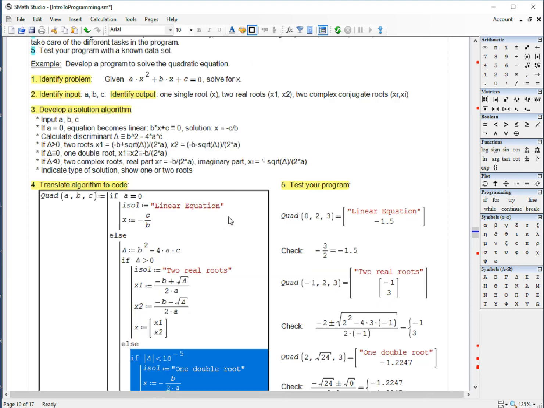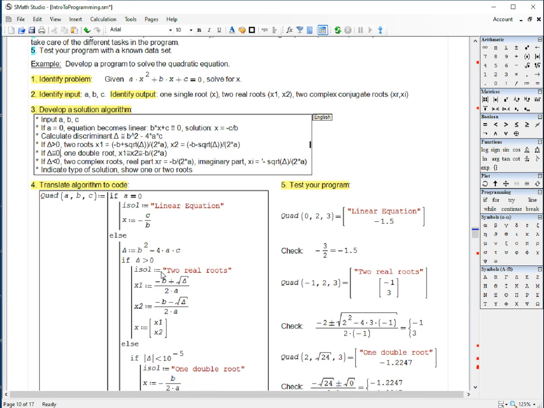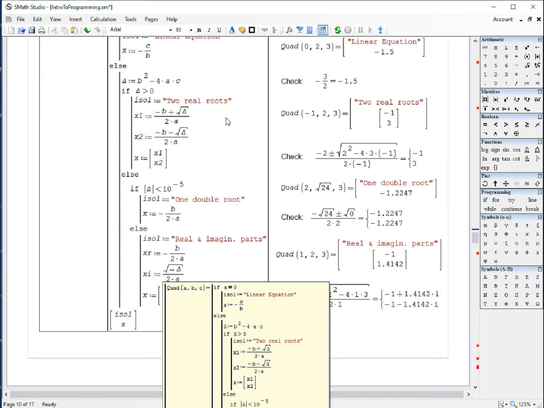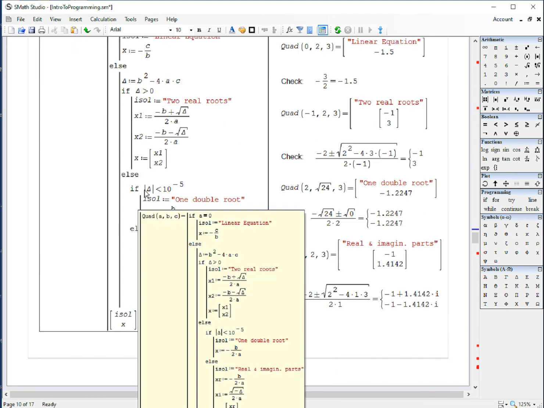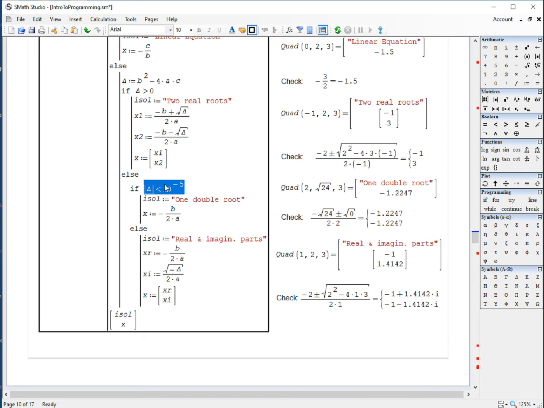The next option, I need to check if delta is equal to 0. But in numerical calculations, you never check for delta exactly equal to 0 unless you're dealing with integer numbers. And so instead, we replace the condition delta equal to 0 by saying if the absolute value of delta is less than a very small quantity, 10 to the minus 5, for example, I'm going to call that the condition of delta equals 0.